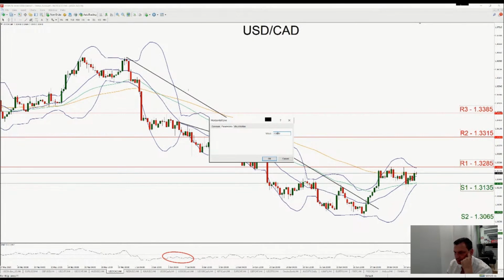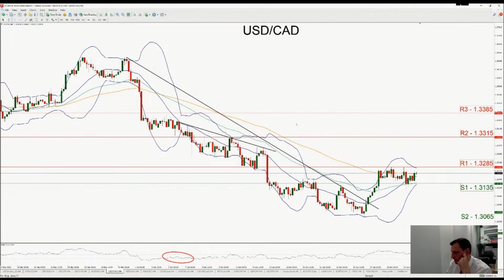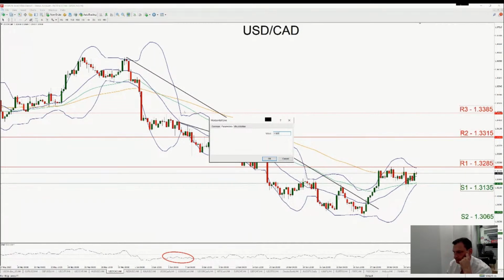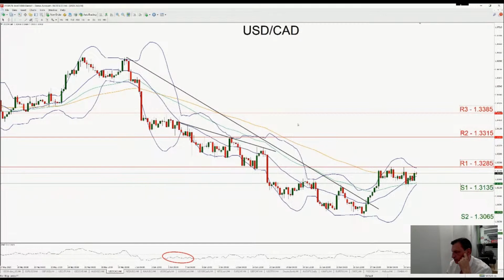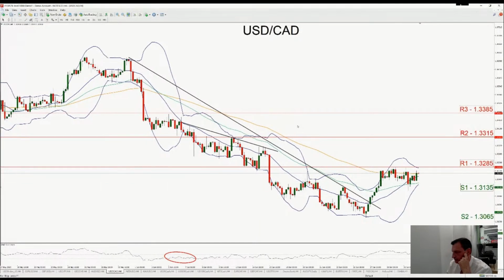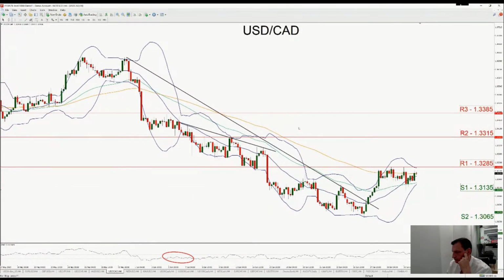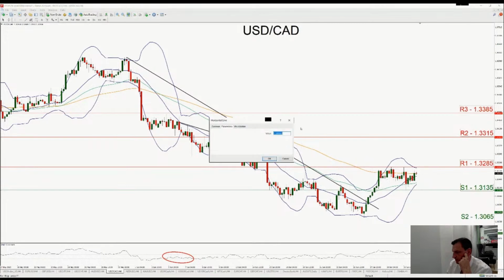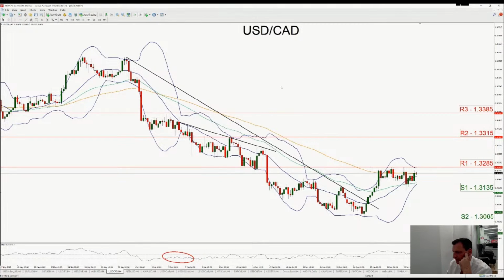Let me reaffirm that. Yep, correct. And the S1 now becomes 1.3230. Could go a little bit lower actually. Somewhere here. 1.3205.